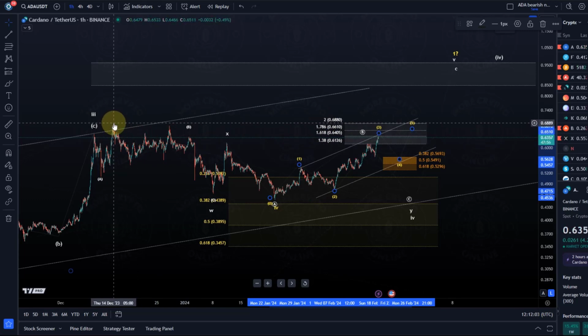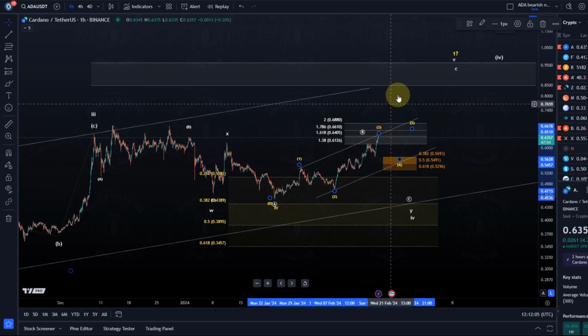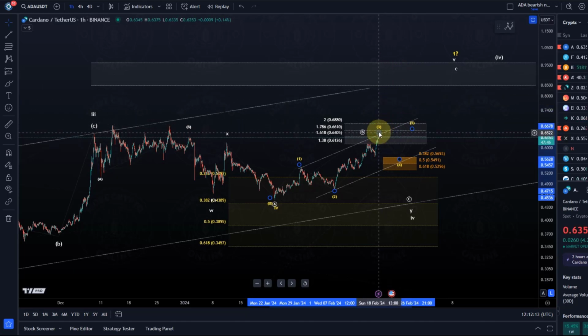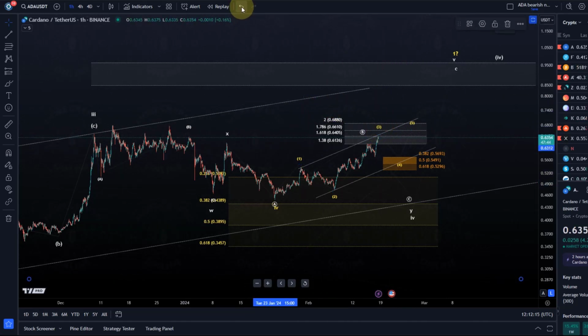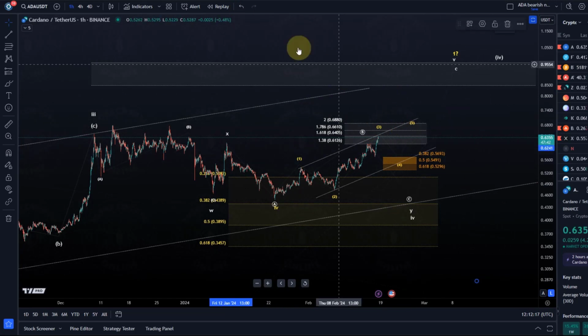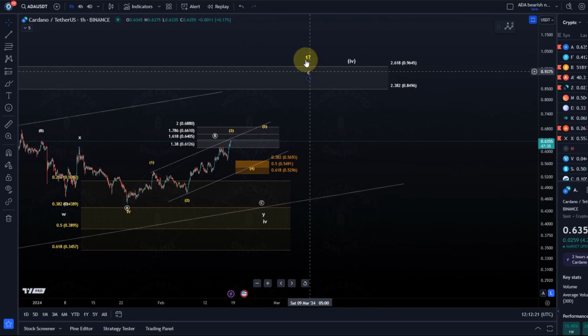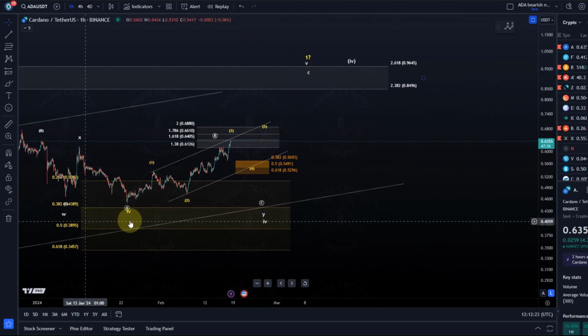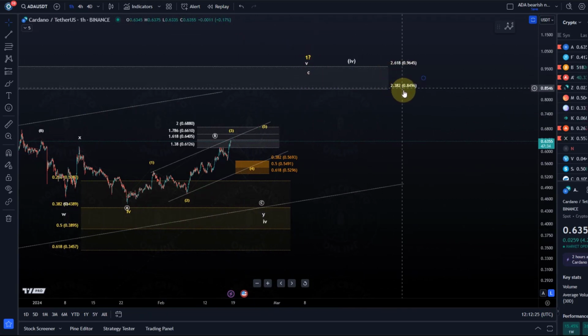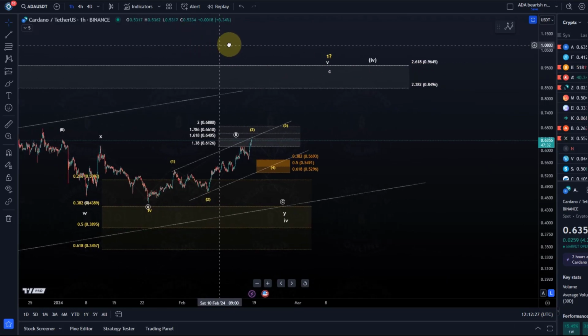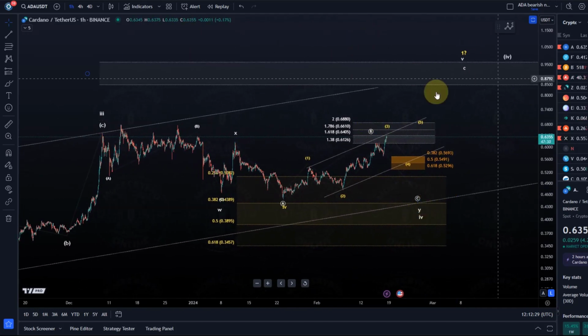So if we get a more direct breakout, I think this could send us higher very, very quickly, and we get an extension either in the third wave, or it's just doing this fifth wave which we have been watching for, targeting 85 to 96 cents in one go. Okay, so that's sort of what I'm watching.